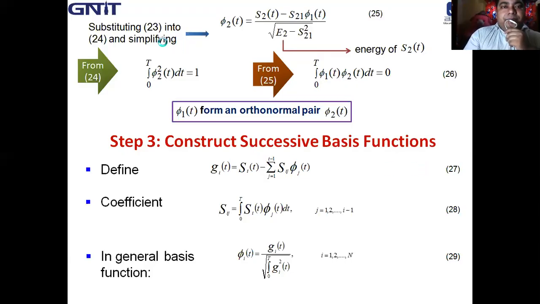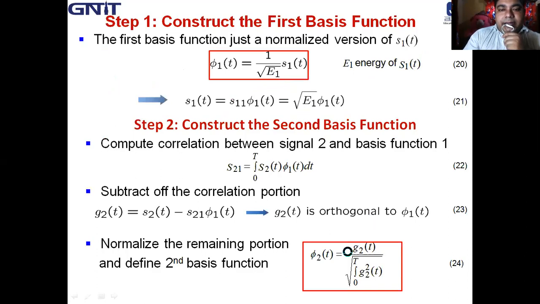Now substituting 23 into 24 and simplifying, phi 2t is equal to S2t minus S21 phi 1t over the root of E2 minus S21 square, because the integration of G2 square, that means S2 square t, is nothing but the signal energy, minus S21 square times the integration of phi 1 square t, which is 1.